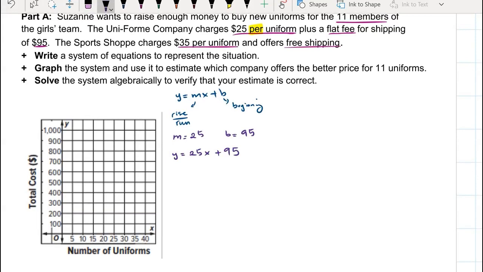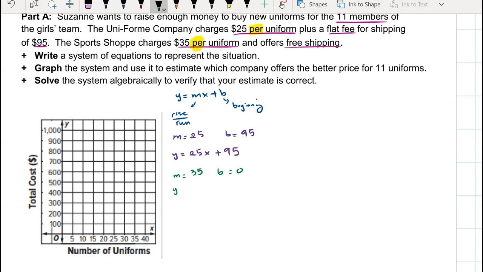Okay. And the Sport Shoppe charges $35 per uniform and offers free shipping. The same thing again: per means slope, so m equals $35, and free shipping, so b is going to be 0.